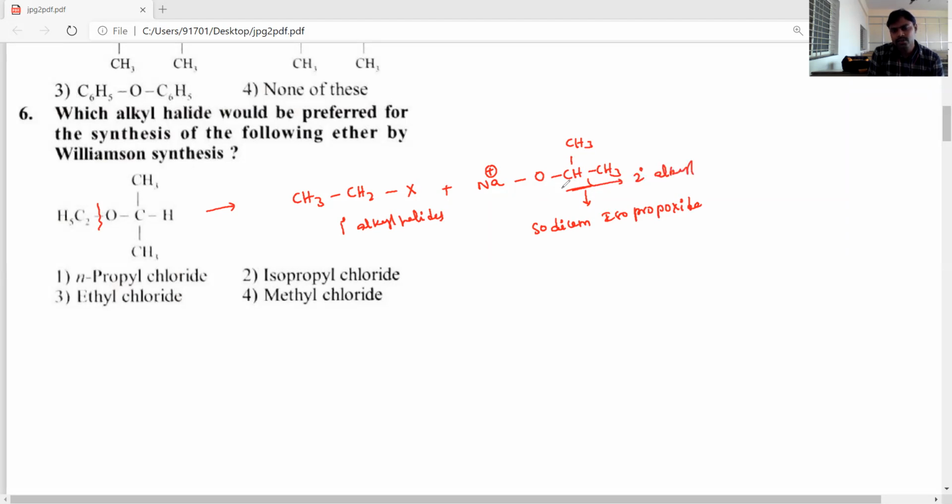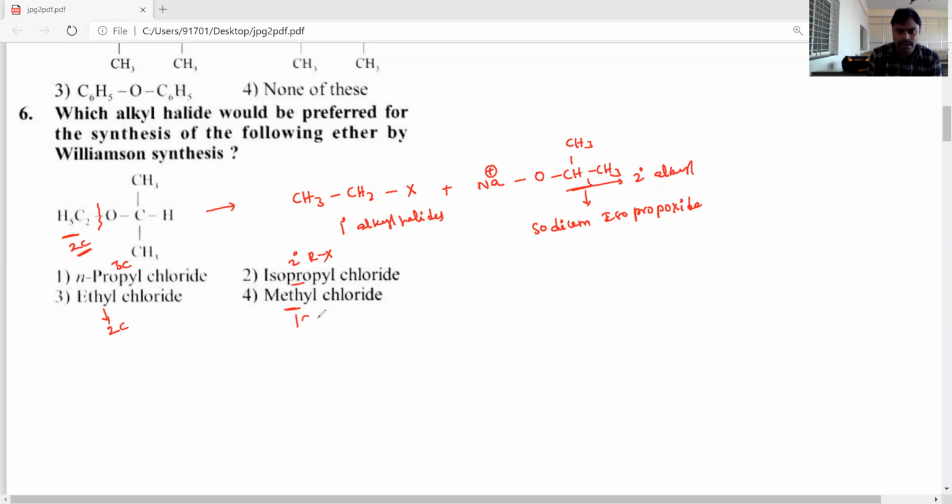Already I said for sodium alkoxide, the R group may be primary, secondary or tertiary, but the alkyl halide should be primary only. So among those primary ones, n-propyl chloride has 3 carbons, but here it is 2 carbons only. The 2-carbon alkyl halide is ethyl chloride. Isopropyl chloride is a secondary alkyl halide, that's why it is not possible.